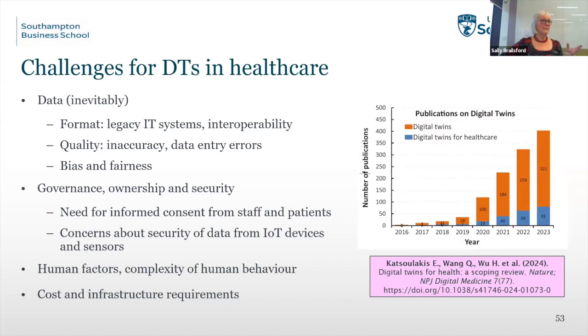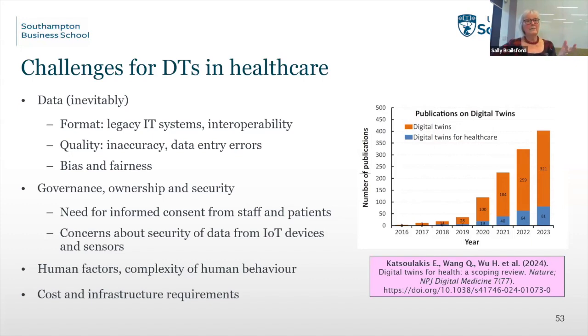First and foremost, data, and there's a whole load of issues about governance and privacy. If you have Internet of Things devices scanning and sensing people moving around in hospitals, you can't imagine it really.